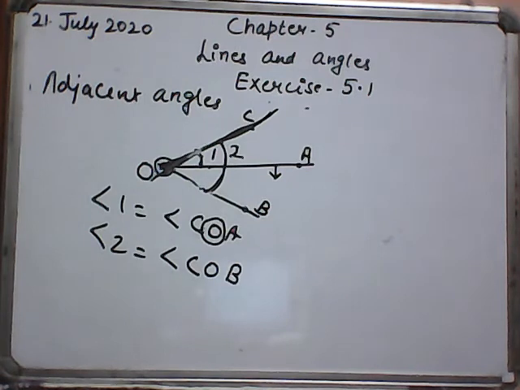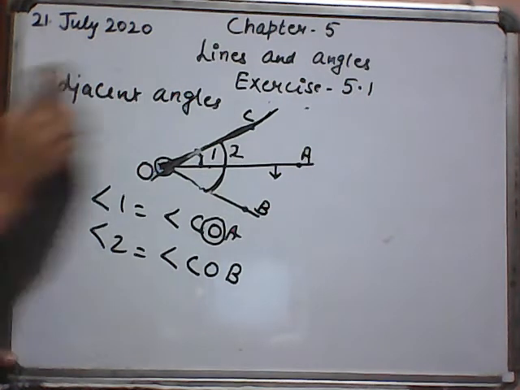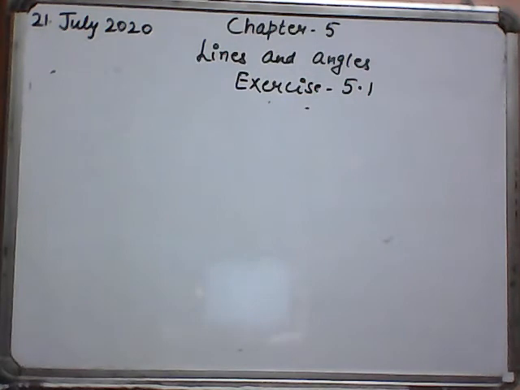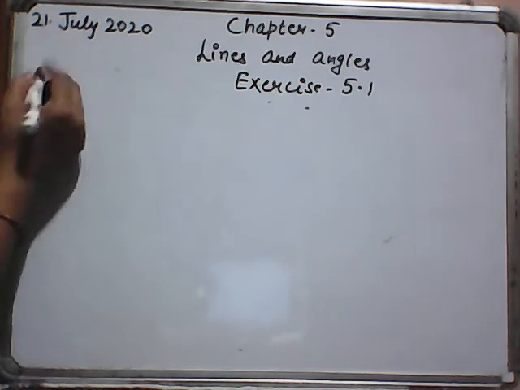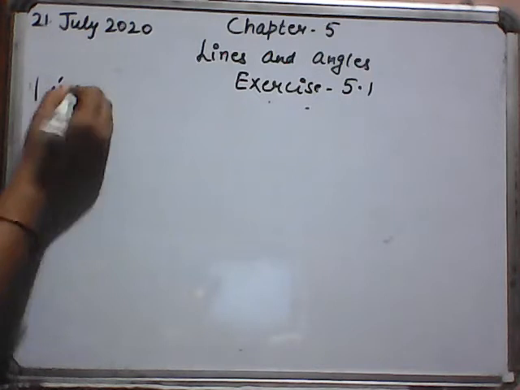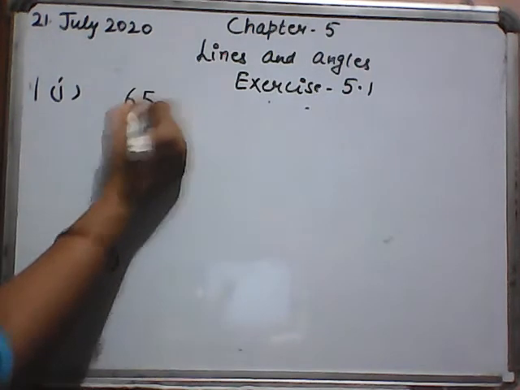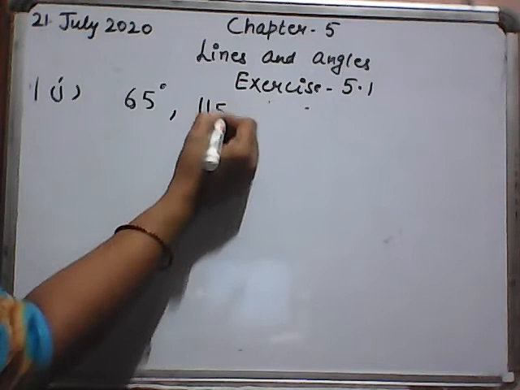Now, let's do exercise 5.1, question number 1. You have to find which pairs of angles are complementary and which pairs of angles are supplementary. Complementary means if the sum of angles is 90°. Suppose it is given to you 65° and 115°.